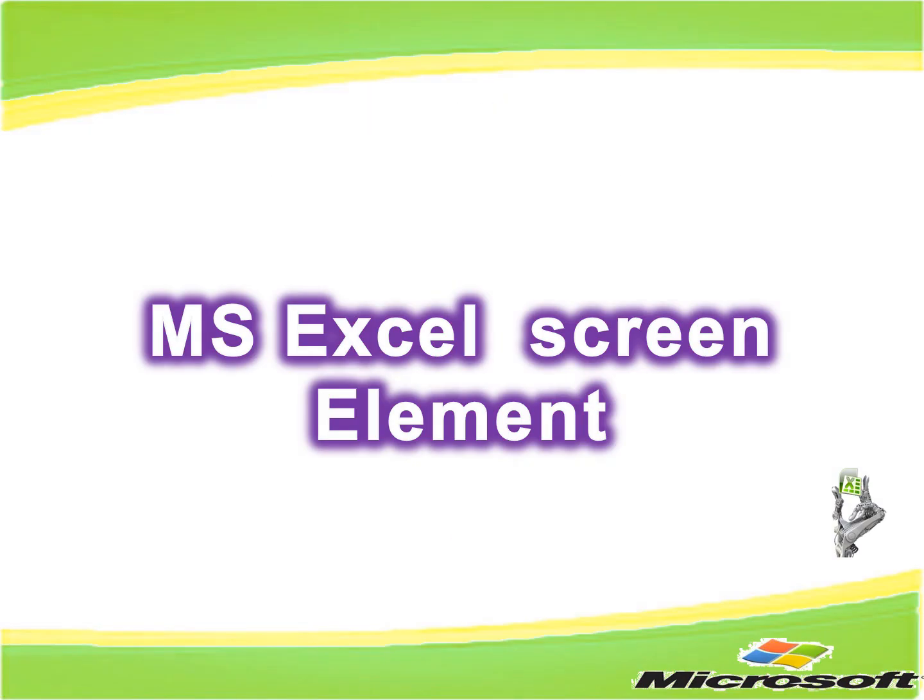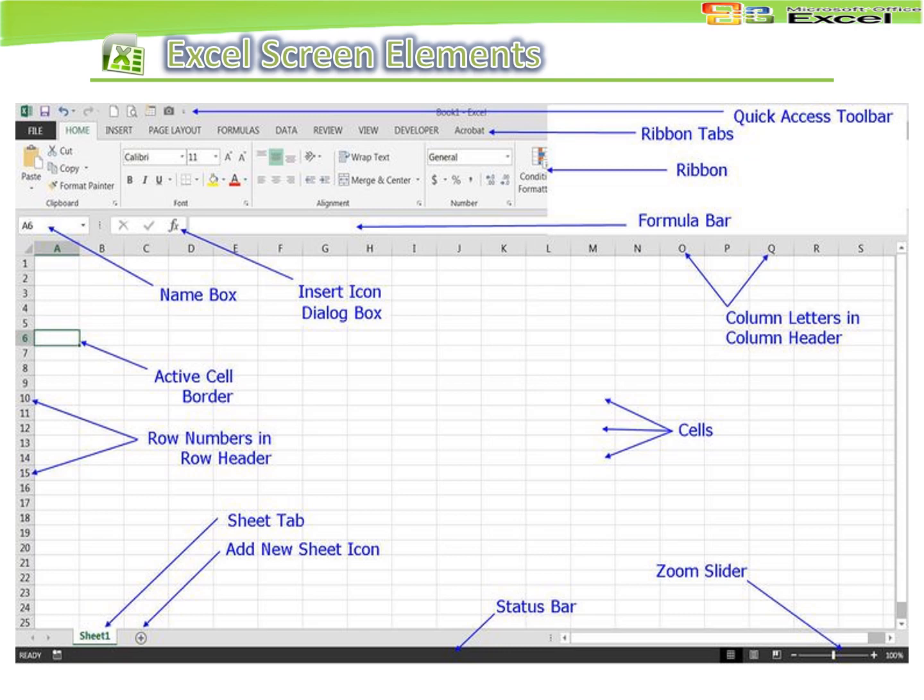And we have this MS Excel screen element or parts of the MS Excel environment. So we have your name box, you have your quick access toolbar, ribbon tabs, ribbon, formula bar, the column letters or what we call column header.